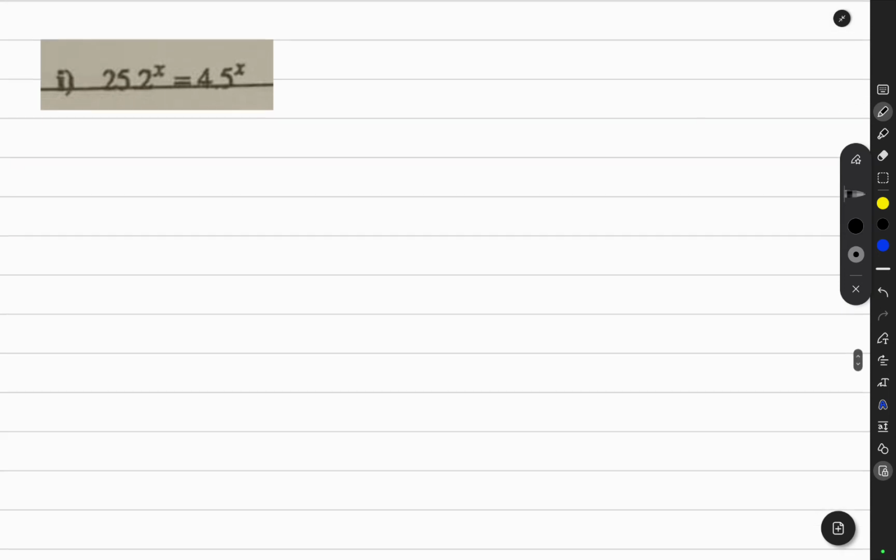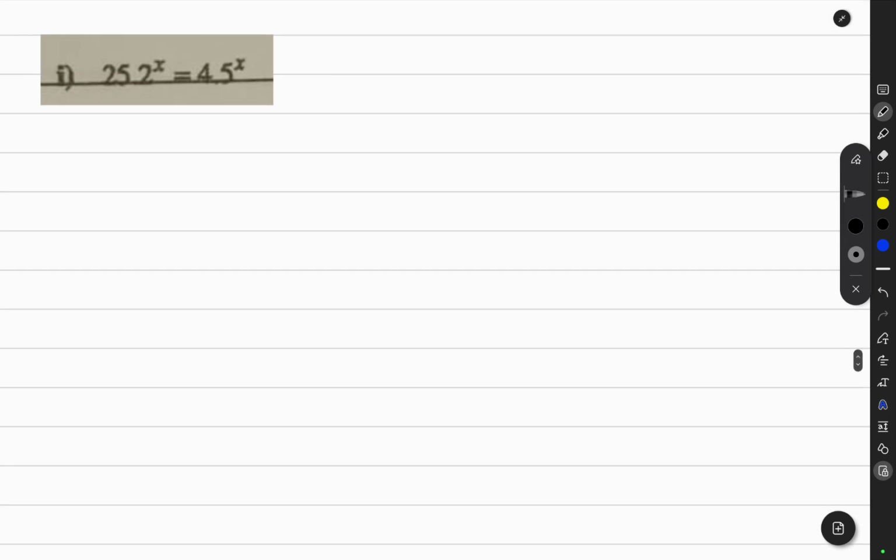So we have 25 times 2 to the power x equals 4 times 5 to the power x. So we can group the variables on the left.